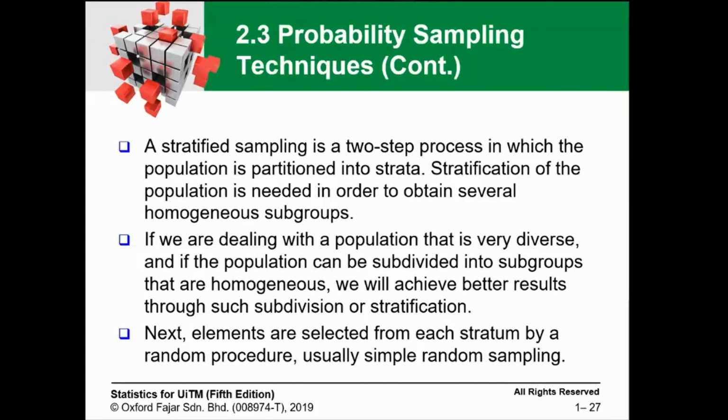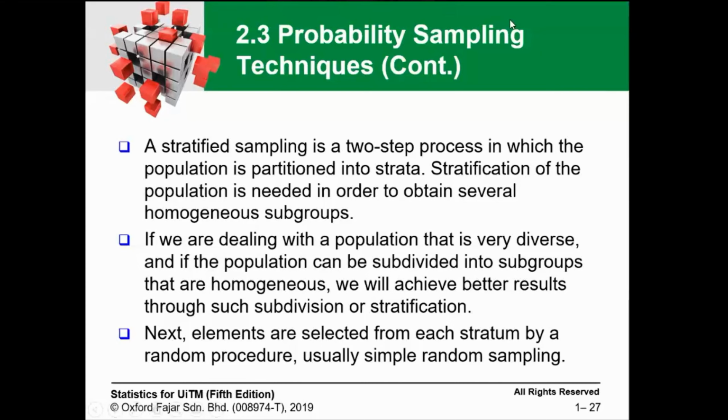In systematic sampling, the researcher divides the population size, which is the big capital N, by the intended sample size, which is the small n. We need to use this equation for our sampling.